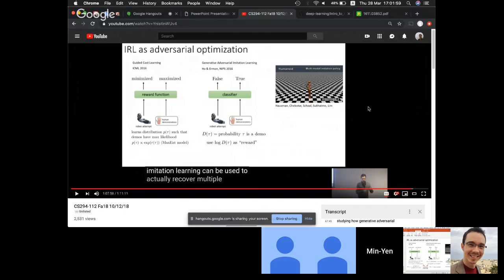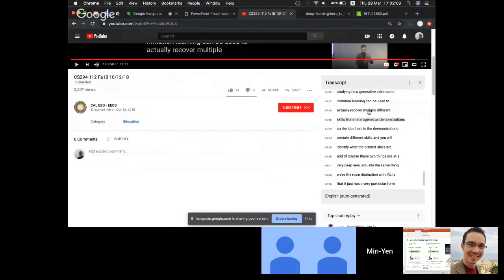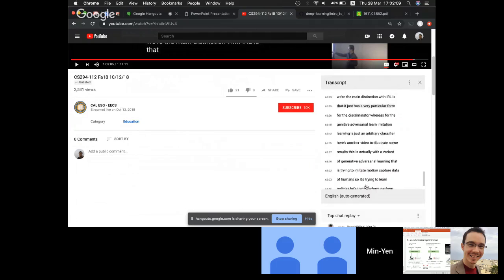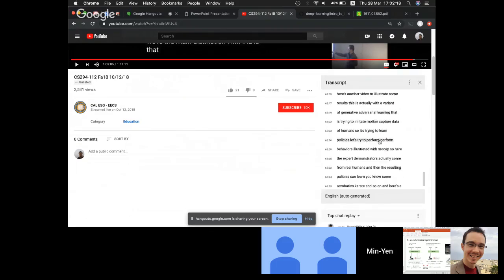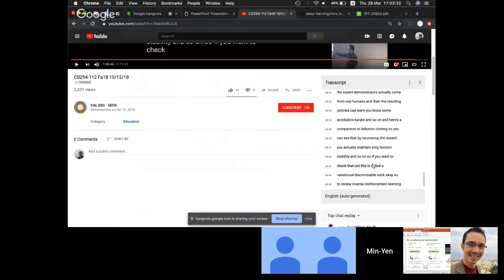Since we already have an estimate of the reward function from the human demonstration, and now the generator is getting better and better at spitting out trajectories that are more likely similar to the human demonstration, we will have an estimate of the underlying reward function. That's my view on this slide. You guys have anything to say?